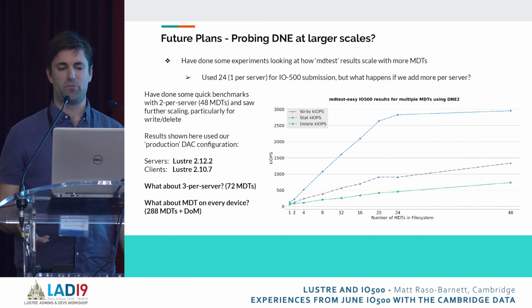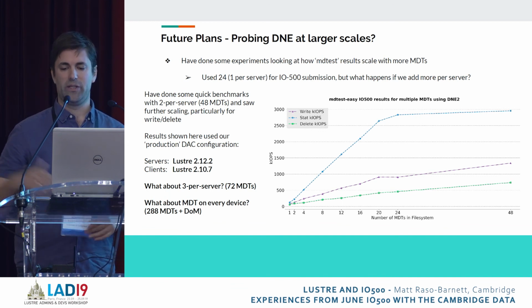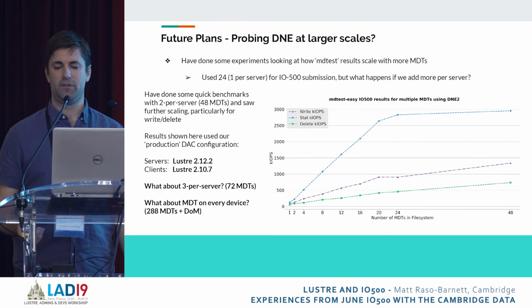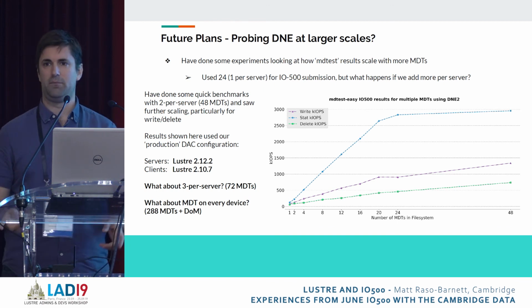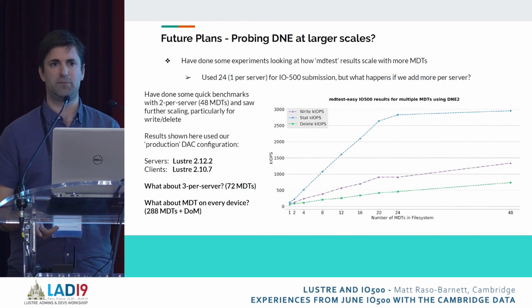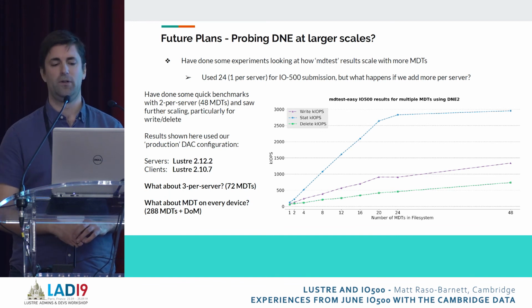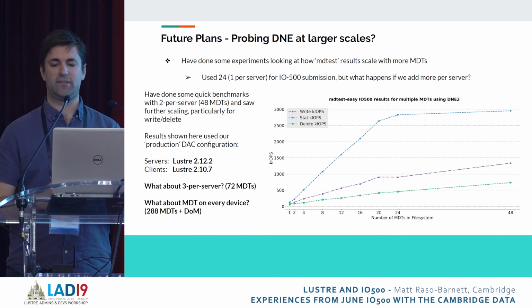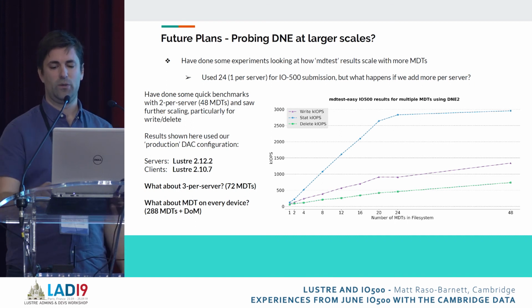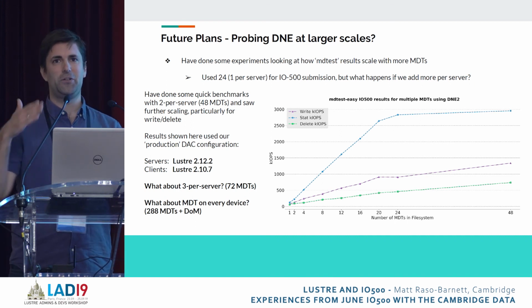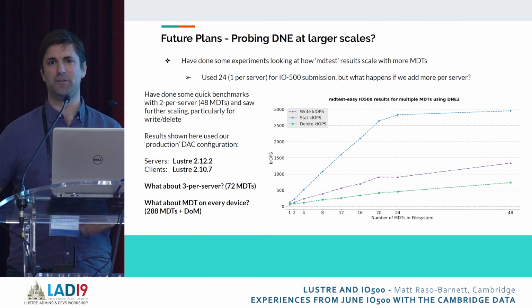There is a problem with going beyond, I think, 64 at the moment, and there is an LU I've opened about that. I think it's been noted by other people before. So that currently prevents going beyond, well, for me, 48; I'm increasing in 24 increments to make our Ansible a bit easier.